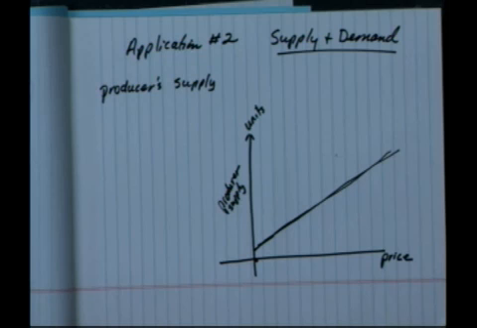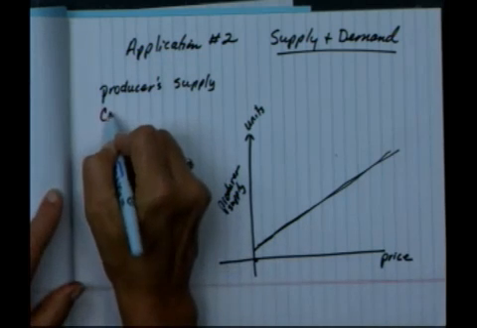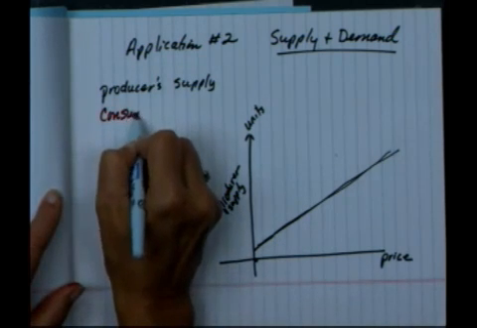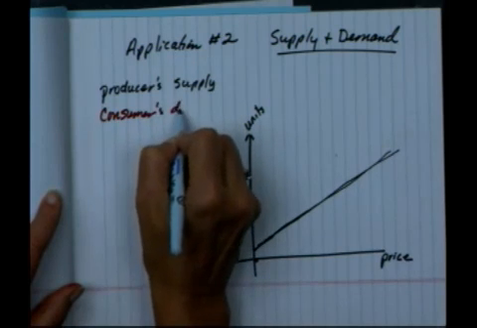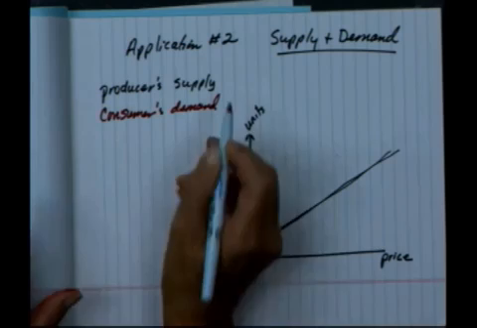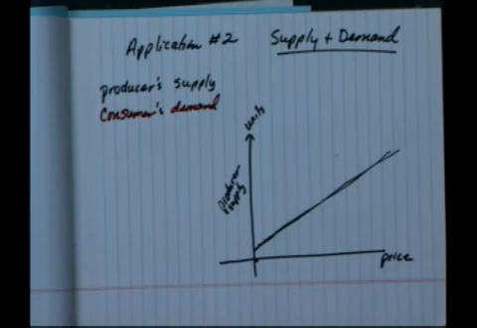All right, then we have what is called the consumer demand curve. The consumer's demand. Well, normally, if the price is low, the consumer will buy more. For example, going to the movie theater.